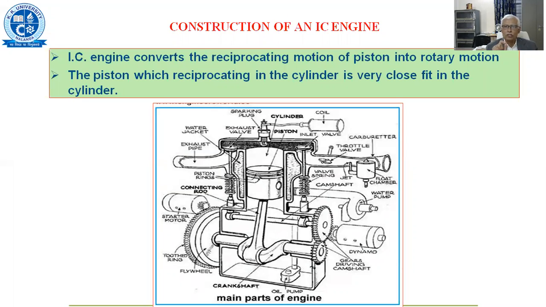And also, the engine runs very hot. Be it a petrol engine or a diesel engine or a two-stroke or four-stroke, whatever, there is a lot of combustion of fuel happening inside this small cylinder, so that generates a lot of heat energy.